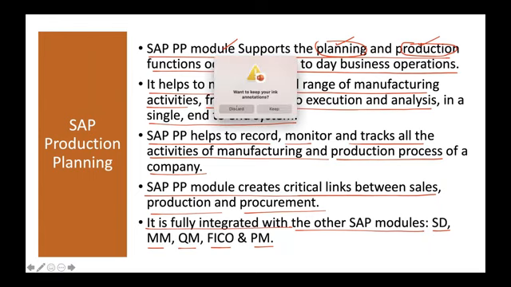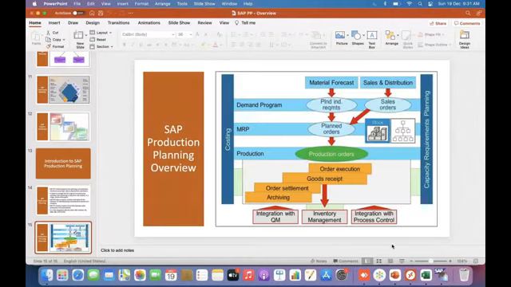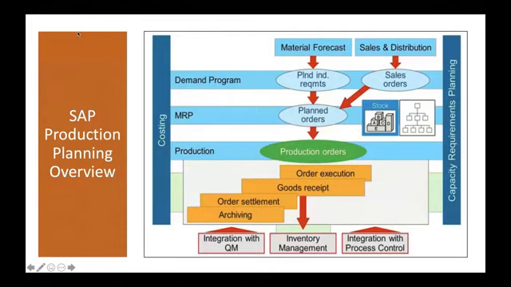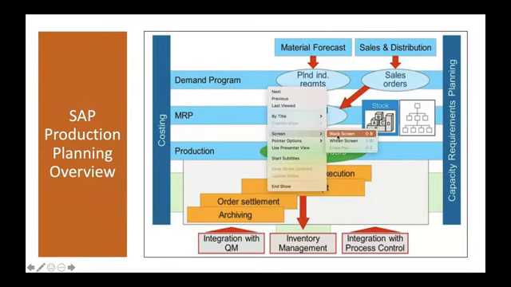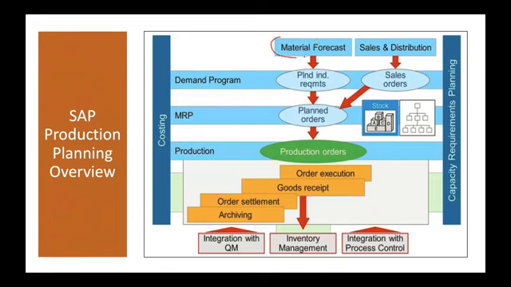If you see this, you will see the high-level end-to-end flow of the PP module. Basically, in the organization, first they will do the forecasting. To start the production, if they are in a make-to-stock environment, if they manufacture based on a certain forecast, first they do the forecasting.